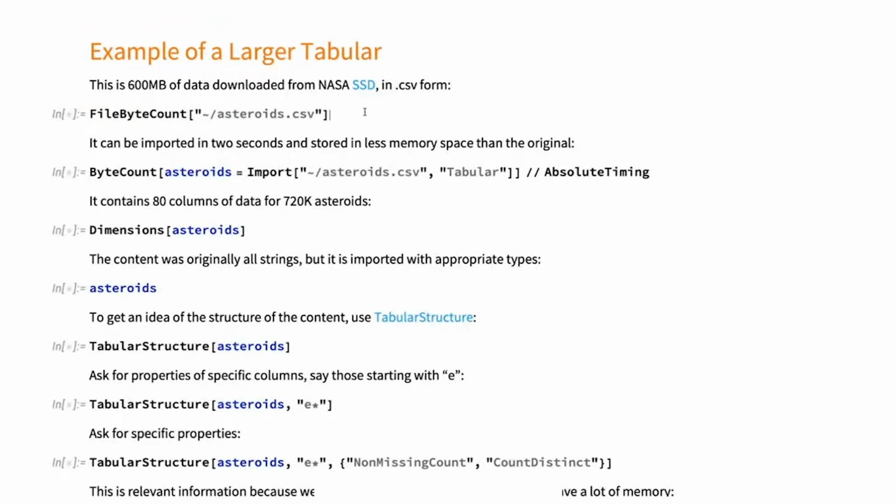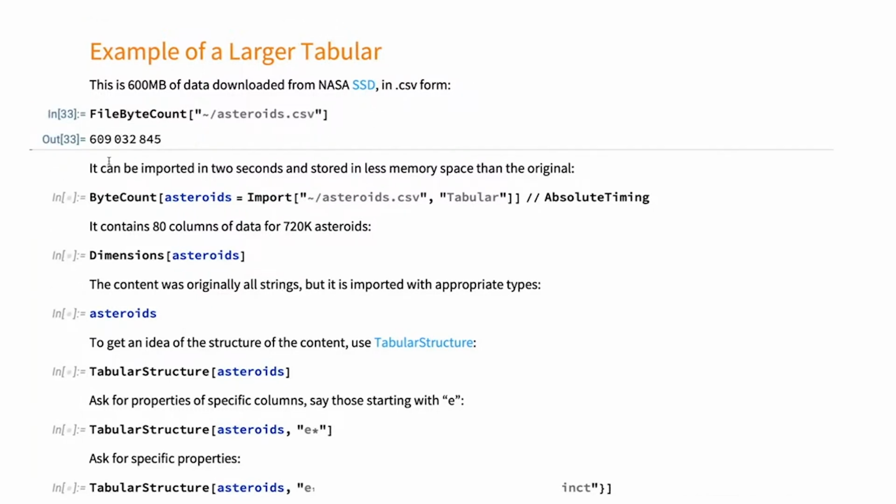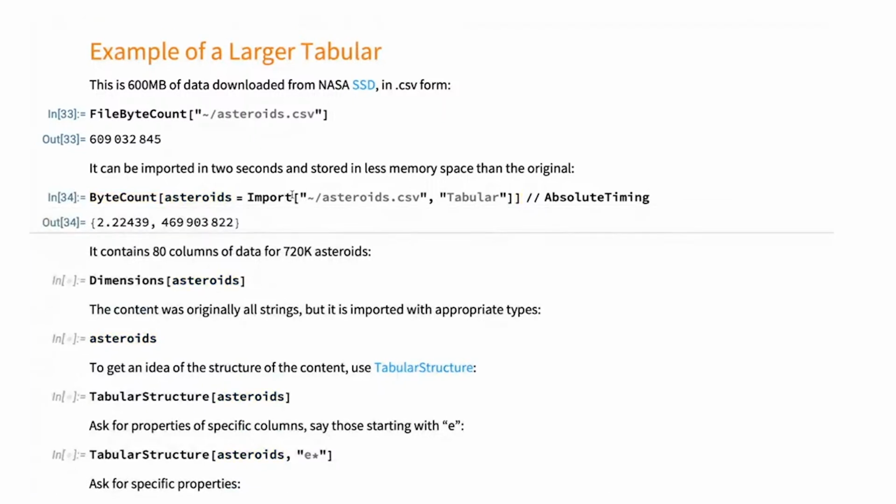Finally, I will end with the last slide, showing an example of working with a large Tabular. Here I have a file of 600 megabytes downloaded from NASA. It's a file about asteroids. Import takes about 2 seconds, including downloading it. You see that the file is represented even with a smaller size.